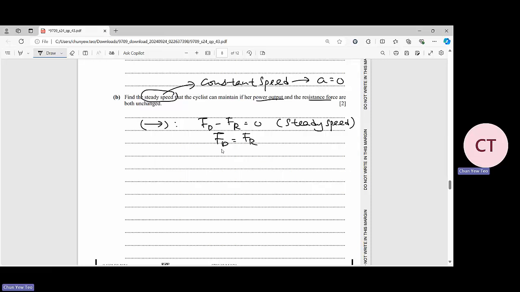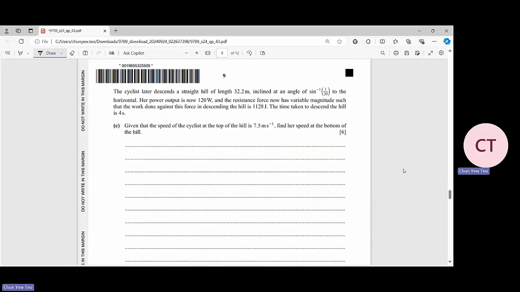Your Fd is P over V, and your Fr is equal to 32. But they mentioned that the power is unchanged, so 280 over V is 32. Then we can find V as 8.75 meter per second. That will be the answer for number 6B. And moving on, we have the question for part C.